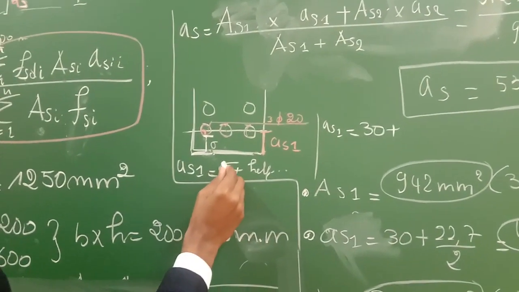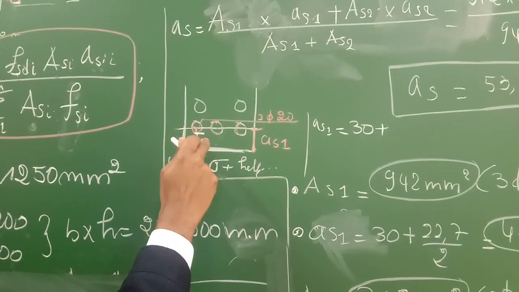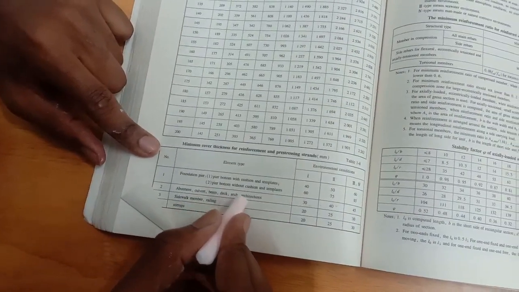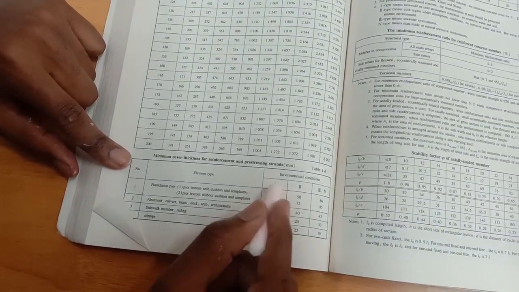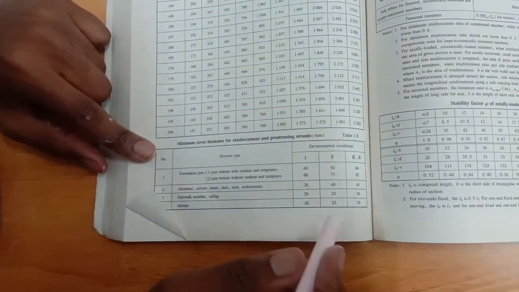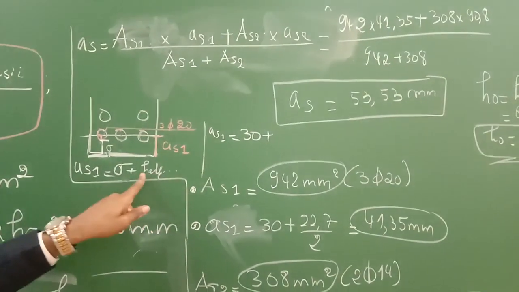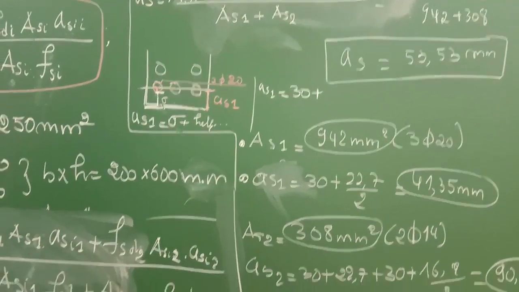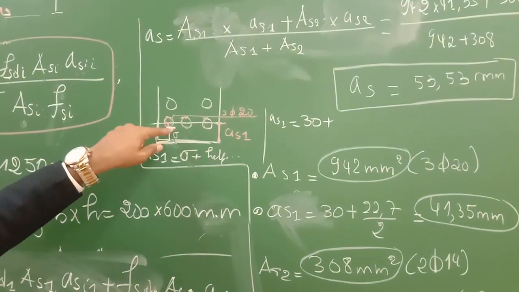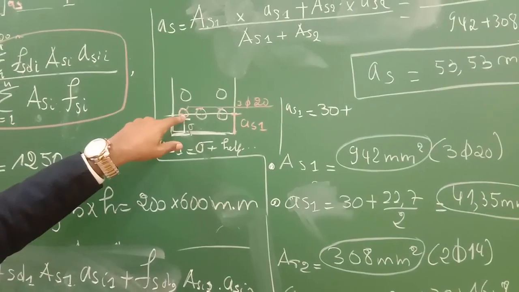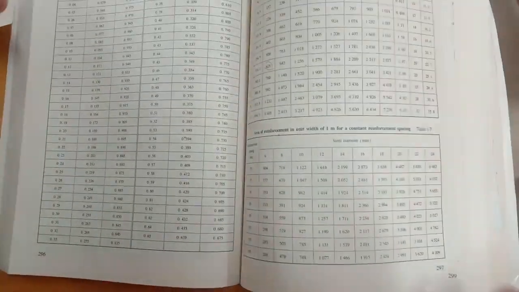This sigma is the minimum cover thickness. When we come here for the beam, we see that we are in the first environment type, which is given to us in the problem. It is 30. So the reason why we put 30 here, we have already found it. Now it remains to find half of the diameter of the steel. So for that, it is here: 3 diameter 20.